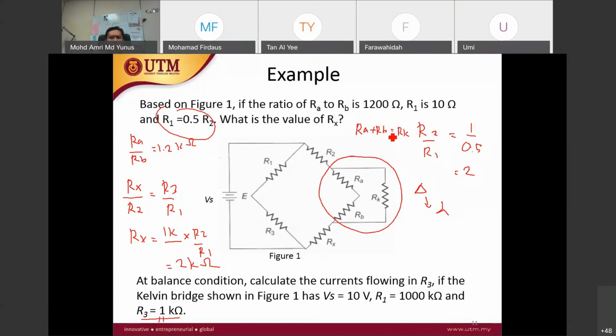Okay, that is another equation. So the next hint is to find the value of R, the conversion from delta to star.